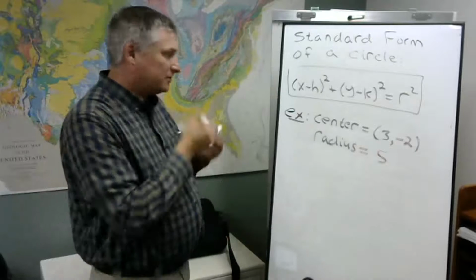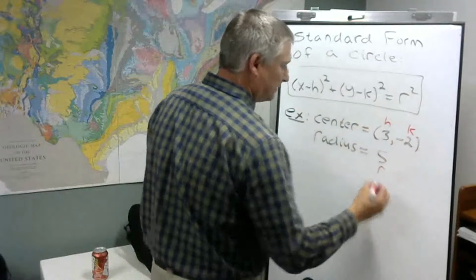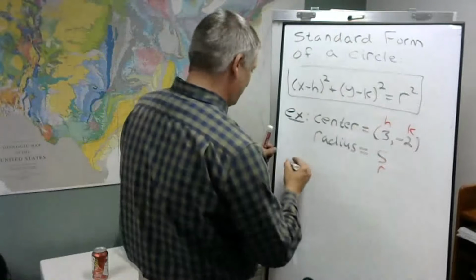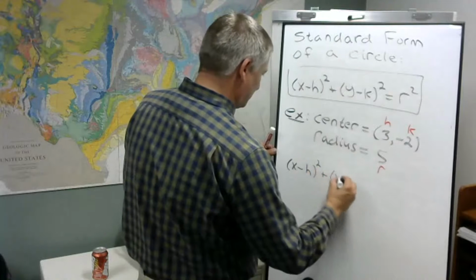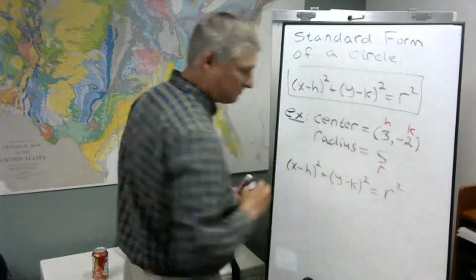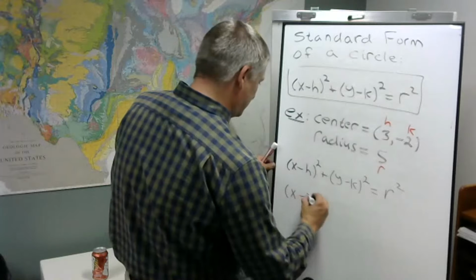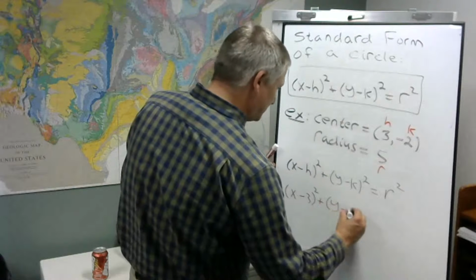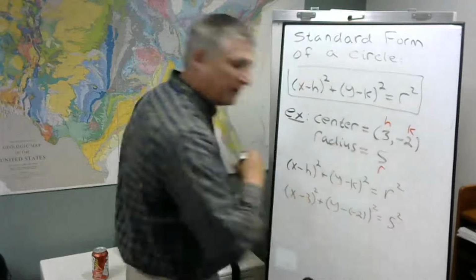So the center is h and k. So there's h, there's k, and there's r. Let's just plug it in. x minus 3 squared plus y minus -2 squared equals, well, 5 squared.